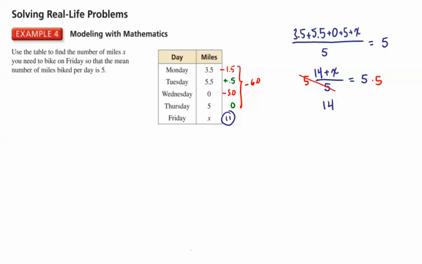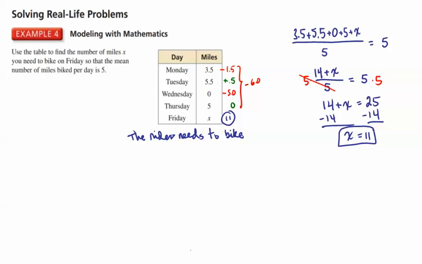We end up with 14 plus x is equal to 25, and subtracting 14 gives us x needs to equal 11, or the rider needs to bike 11 miles on Friday to keep the average at 5 miles per day. So this is how we can use an algebraic equation to find that missing value. We'll go on to another example.